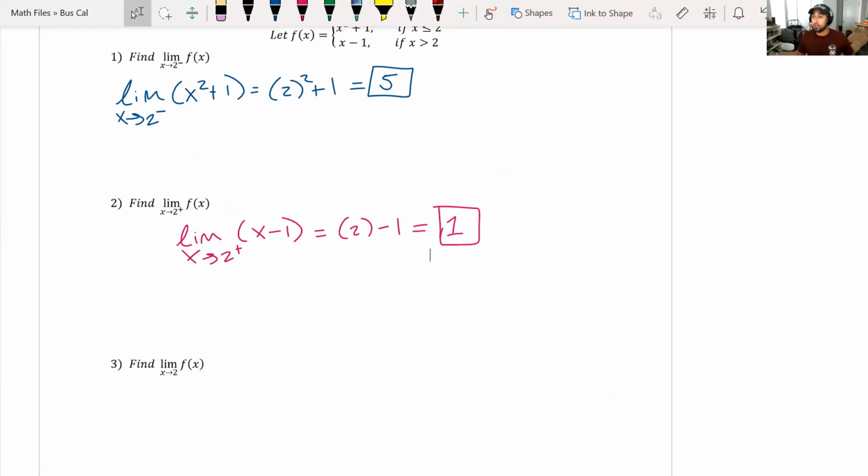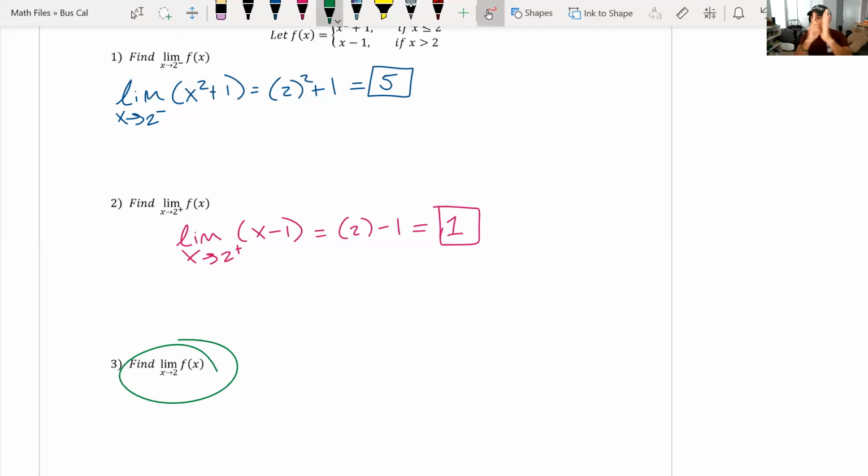Okay, there it is. The limit from the left is 5. The limit from the right is 1, which means, you guessed it, number 3 wants the limit from both sides at 2. And in order to have a limit from both sides at 2, the left-hand limit at 2 and the right-hand limit at 2 must be equal. So our left-hand limit is 5. My right-hand limit is 1.